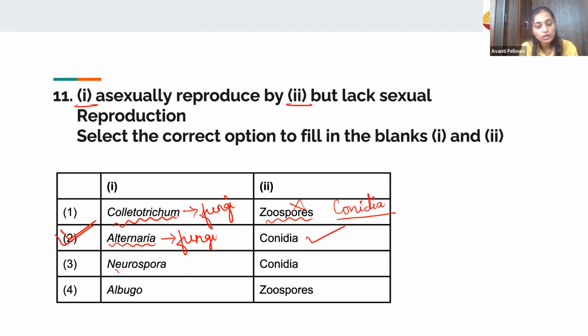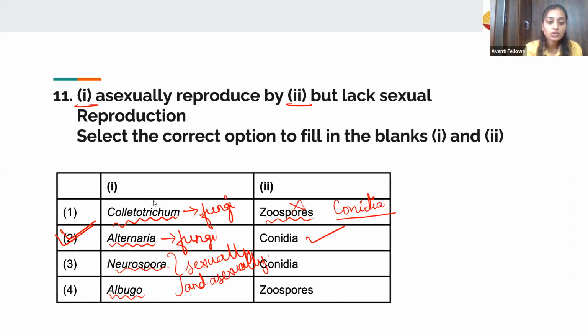Neurospora and Albugo both reproduce sexually and asexually. They have both reproductive systems. So the right option is option number 2, Alternaria, which reproduces asexually by conidia and lacks sexual reproduction.